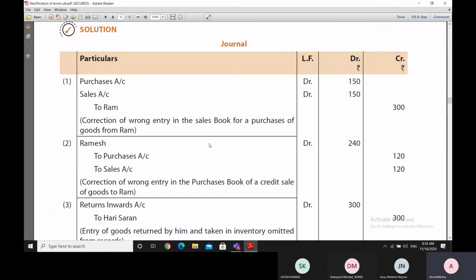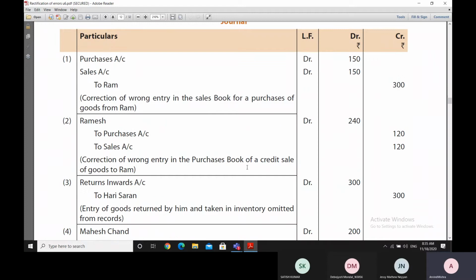Earlier, when we had put it in the purchase book, the entry was made as purchase account debit and Ramesh credit. So we rectify that by making a counter entry, crediting the purchase account and debiting Ramesh for 120 rupees. Then we make a fresh entry of crediting sales and debiting Ramesh. Here both entries have been shown together, so that we can put the entire rectification entry in one place.